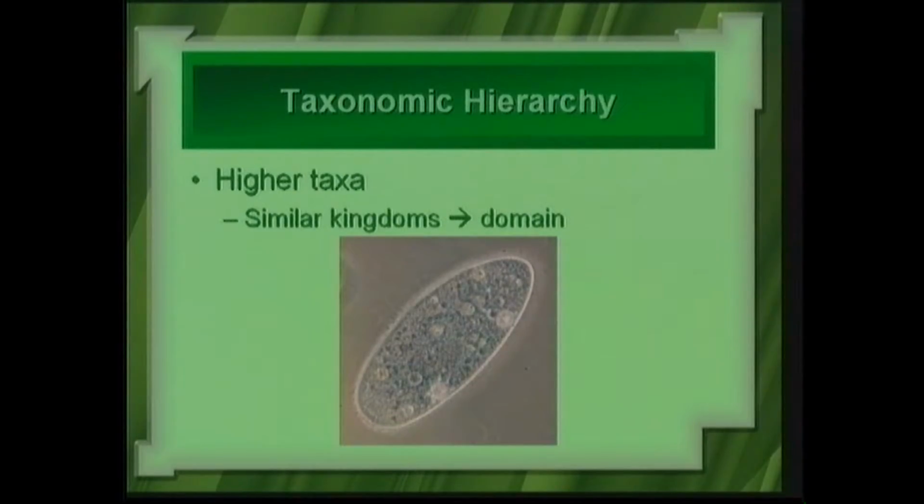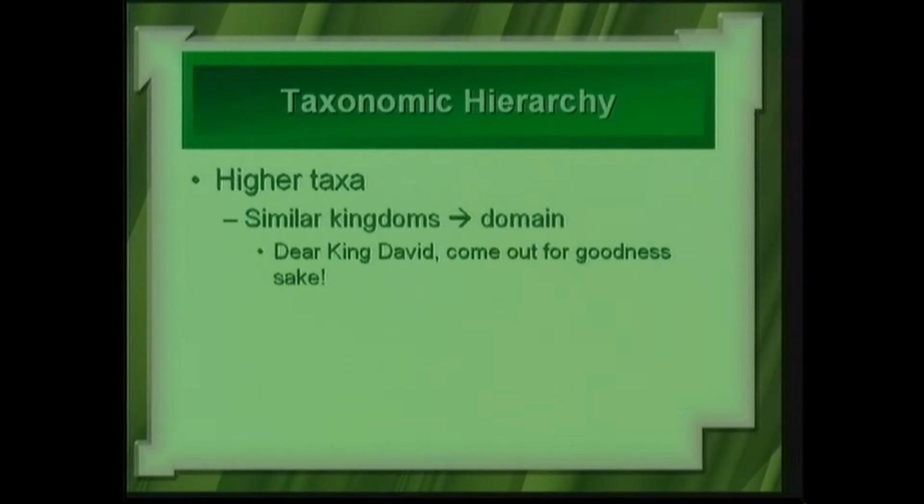So how are you going to remember all of this? Because you are going to have to remember it. This actually is a mnemonic. A mnemonic is something that helps you remember and memorize something. So think of this: Dear King David, come out for goodness sake.